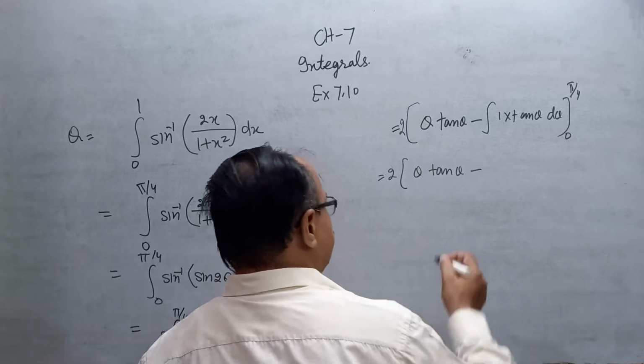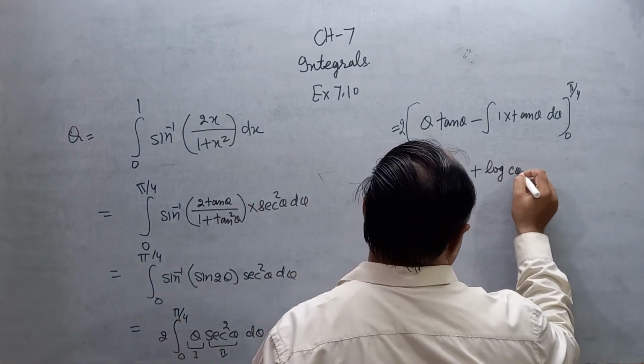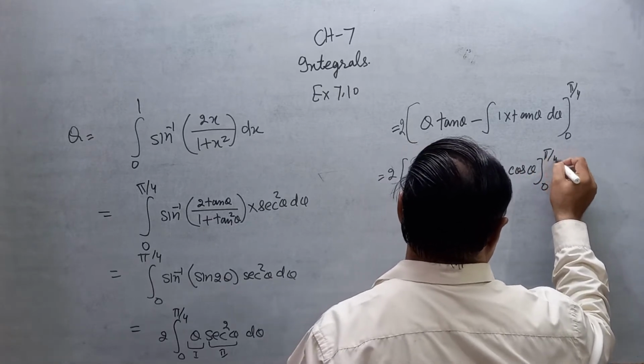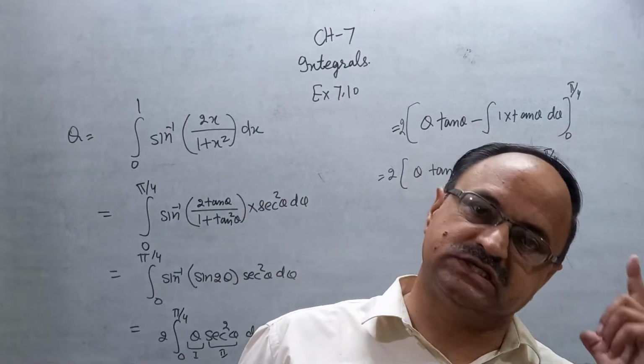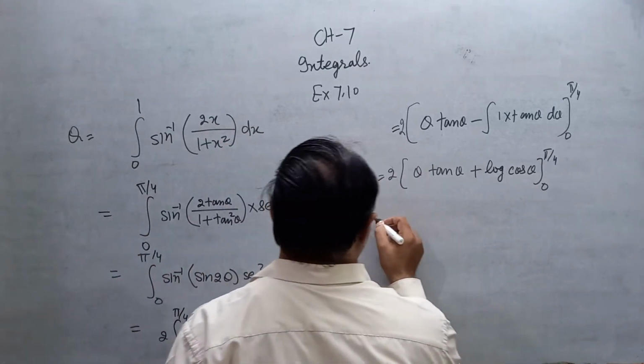Integration of tan x is minus log cos x, or you can say log sec x.